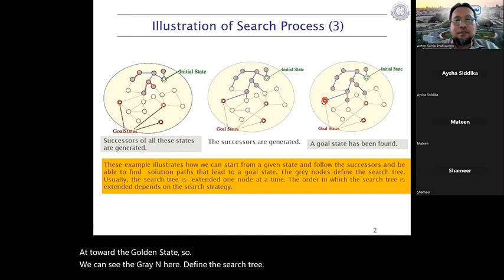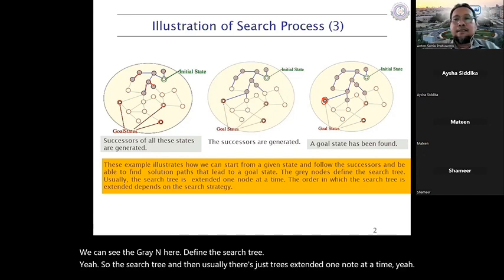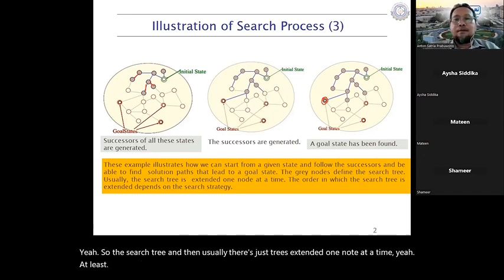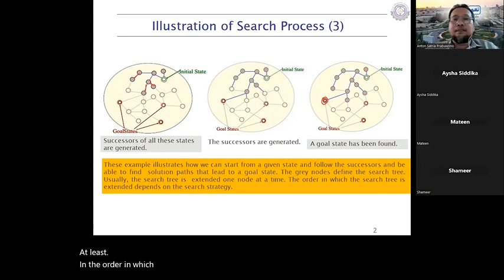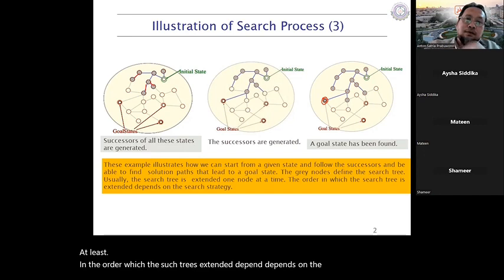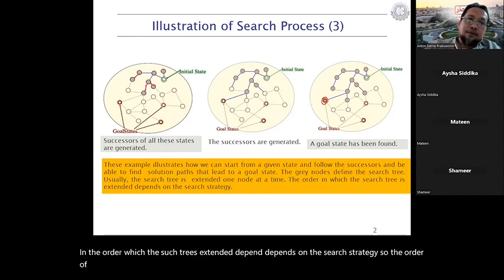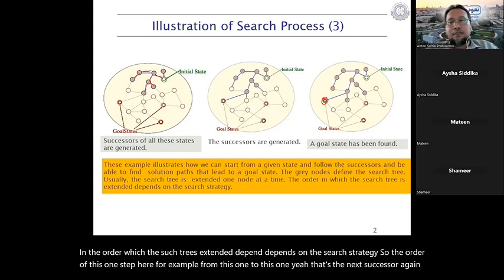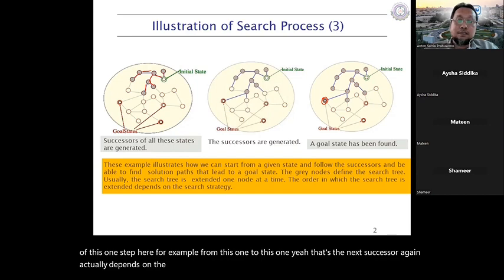Usually the search tree is extended one node at a time, and the order in which the search tree is extended depends on the search strategy. For example, from this one to this one, the next successor actually depends on the search strategy or search technique.